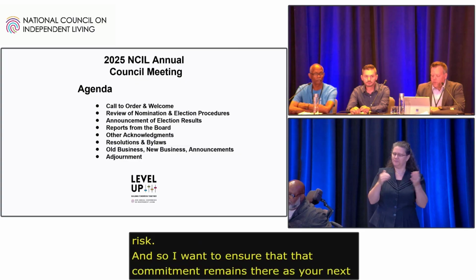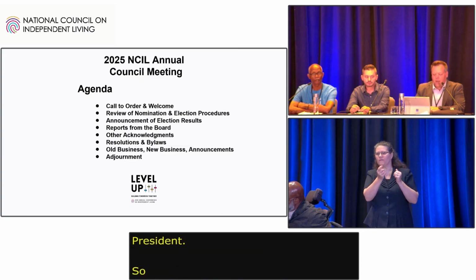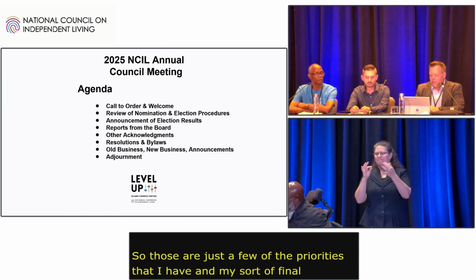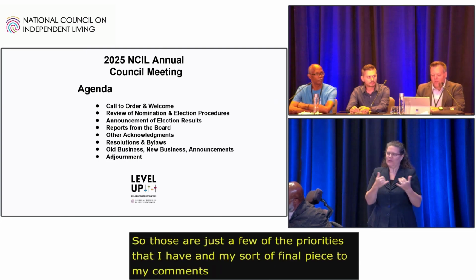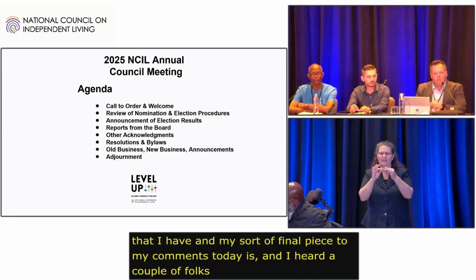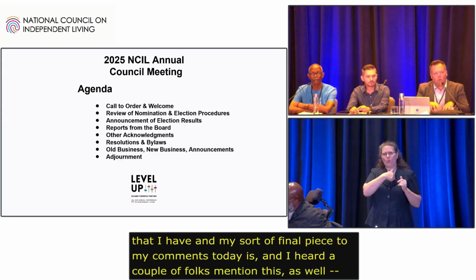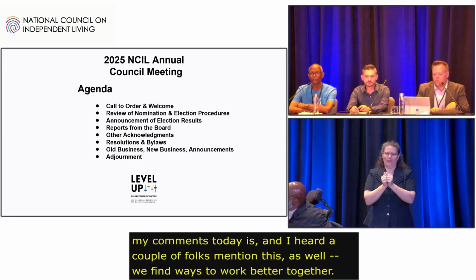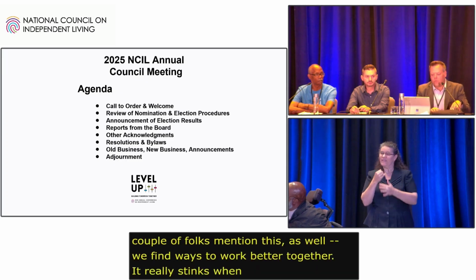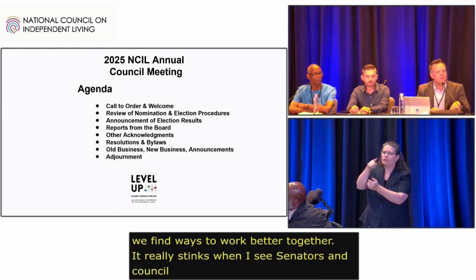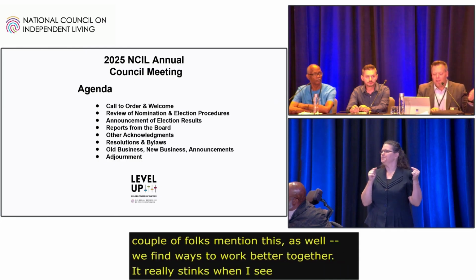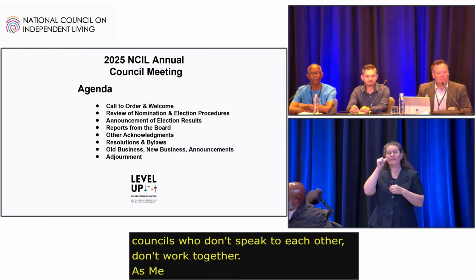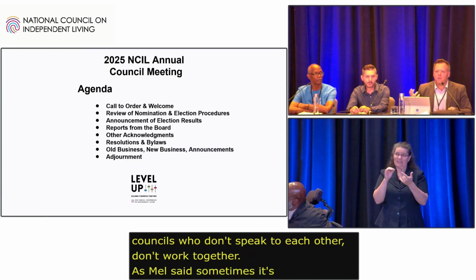So those are just a few of the priorities that I have. And my final piece to my comments today is, and I heard a couple folks mention this as well, that we find ways to work better together. It really stinks when I see senators and councils who don't speak to each other, don't work together. As Mel had said, sometimes it's just from yesterday, sometimes it's from the last year, and sometimes it's been years in the making.